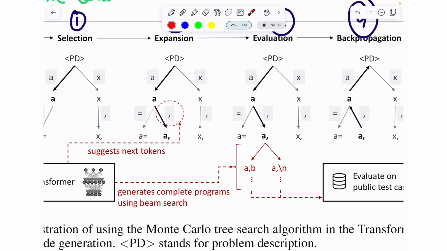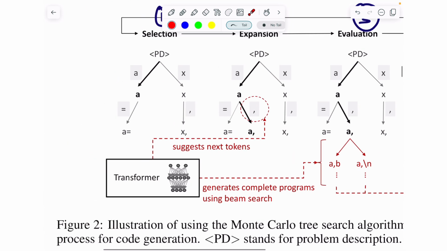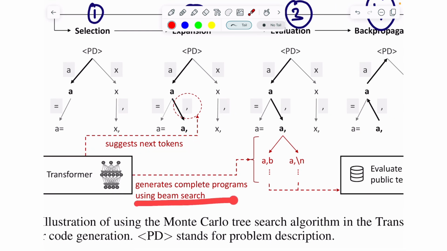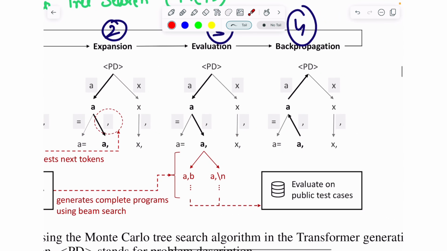So that is what is being done in the evaluation step. So you will evaluate the possible sequences of sentences using top K based beam search, right? That is what they have written here, that suggests the next tokens, pass it through a transformer, and this transformer is being used to generate these next evaluation steps, right?